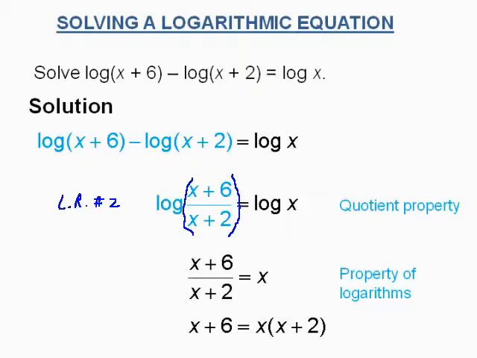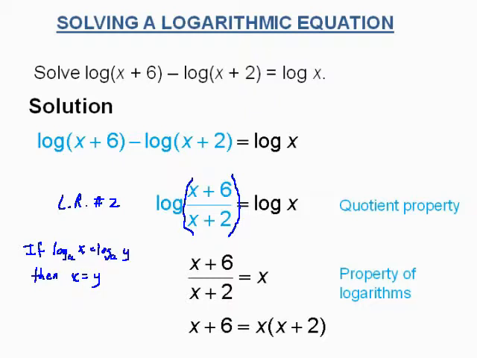Now, the next thing we want to look at is a little rule we looked at a while back, and it said this: if the log of any base number x equals the log of that same base number y, then x equals y.